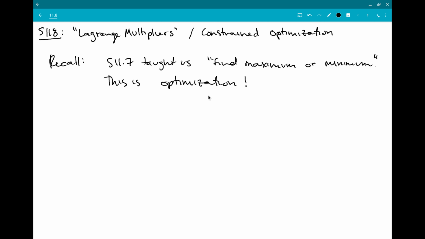This is optimization. So for example, if you have a real world thing you want to maximize or minimize, what you're trying to do is solve an optimization problem. For example, make plants big, I'm maximizing their growth.